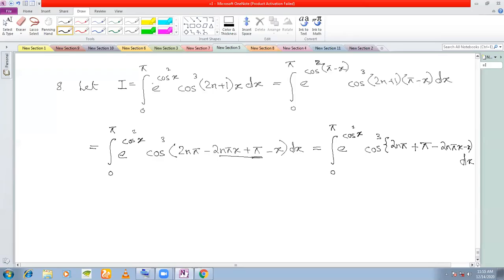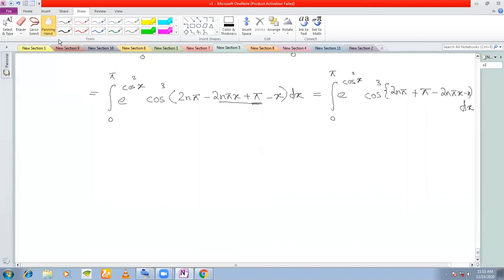You take all the pi's together, which is equal to the integral 0 to pi of e to the power of cos square x, cos cube of 2n pi plus pi.